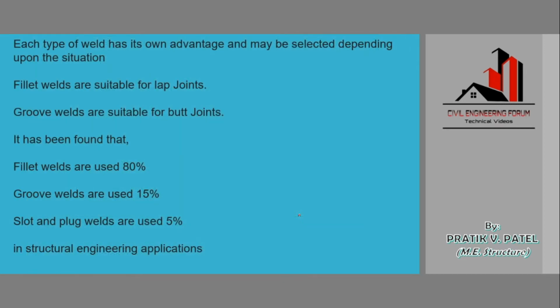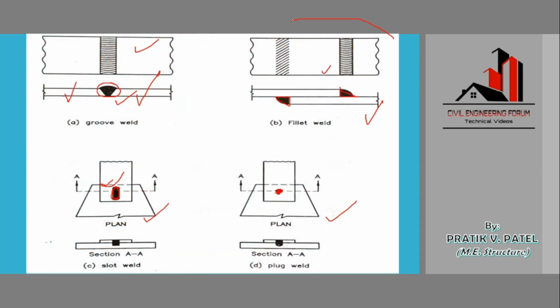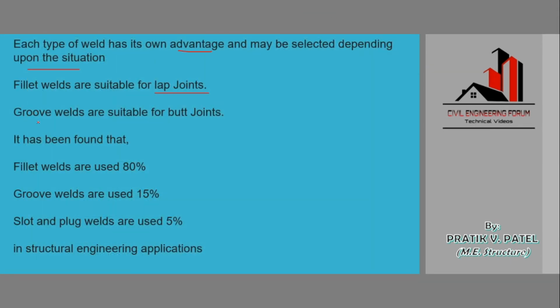We are talking about the introductory part for each. Each type of weld has its own advantage and may be selected depending upon the situation. Fillet welds are suitable for lap joints, as we saw in the figure here. Fillet weld is preferable for lap joint. Then groove welds are suitable for butt joint.